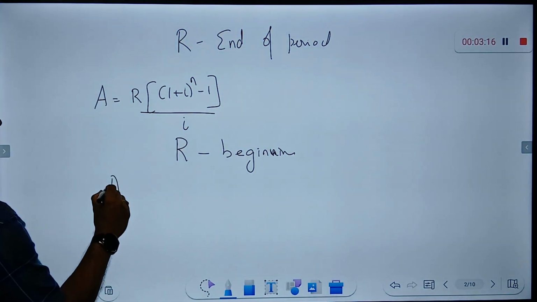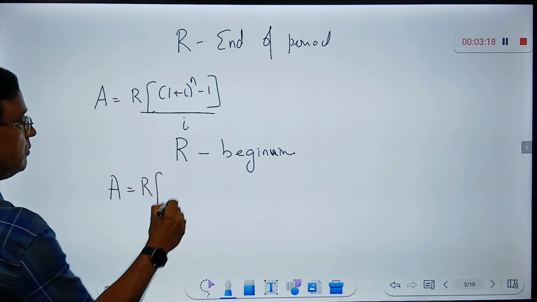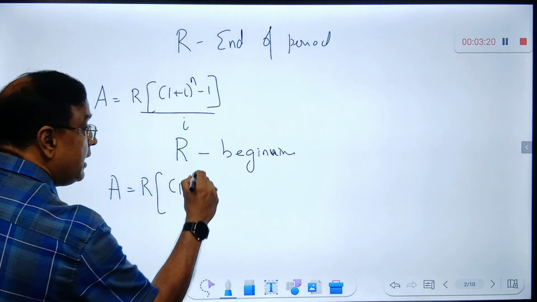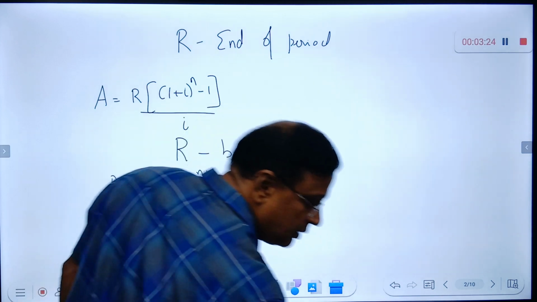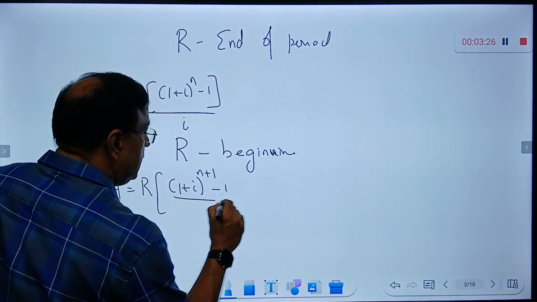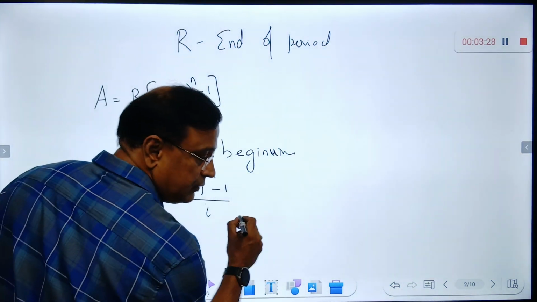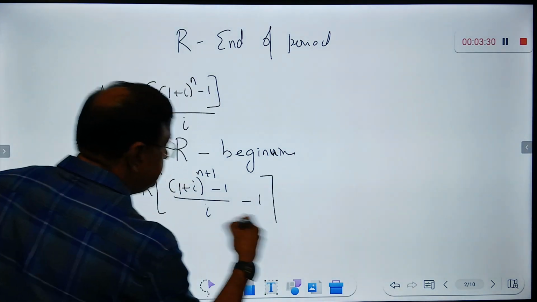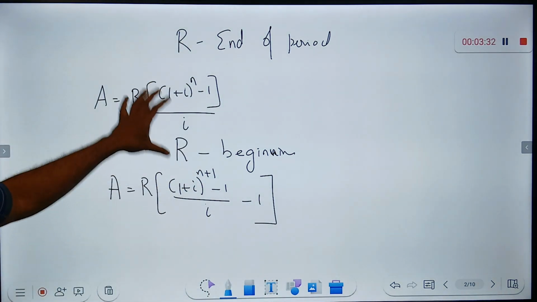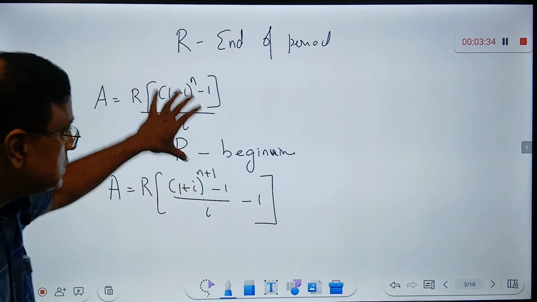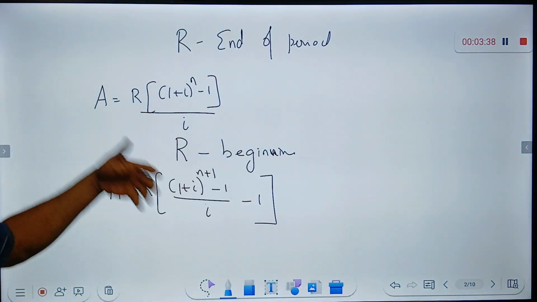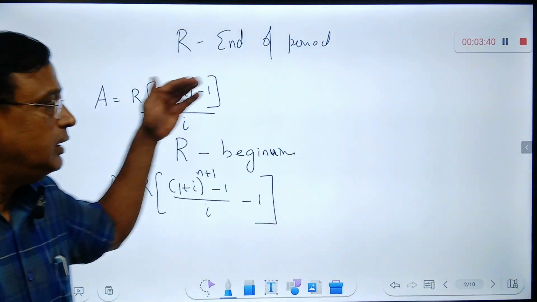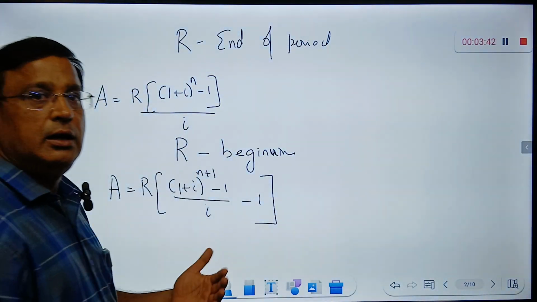Then the formula for amount will be R into (1 plus i) power n plus 1 minus 1, by i, minus 1. So just remember these formulas. How I got this and what is the detail, as I said, I keep repeating, it's already there in the previous video. The link will be posted. Please click on it and go through it.